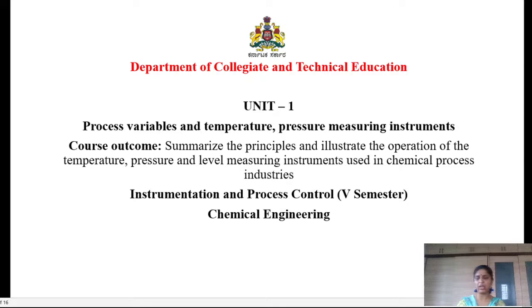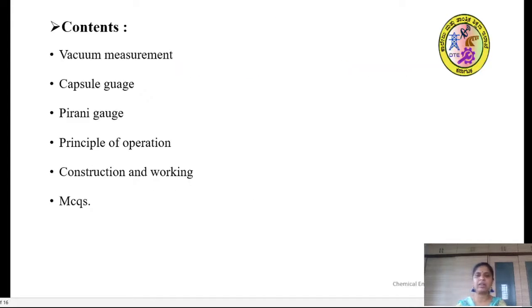So this is what we learned in our last session of Instrumentation and Process Control, Unit 1, the process variables and temperature and pressure measuring instruments. In continuation with this, in today's session we will learn about vacuum measurement.